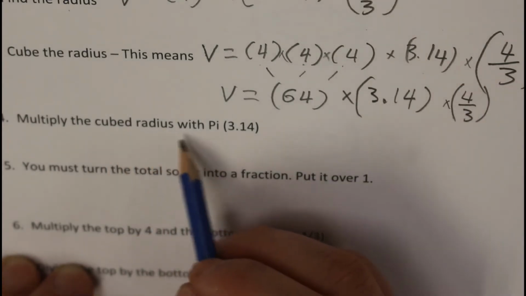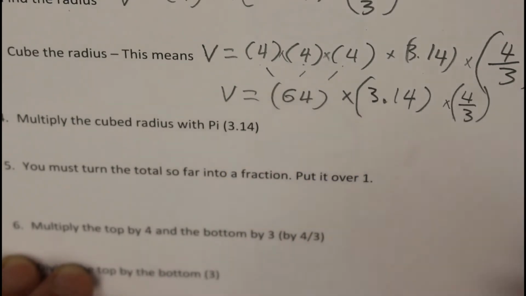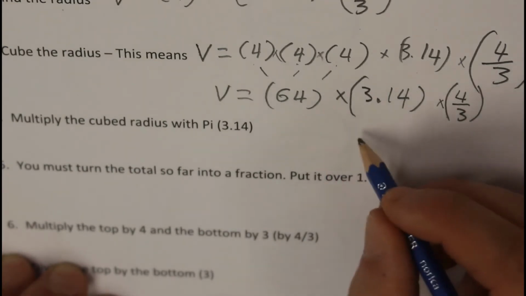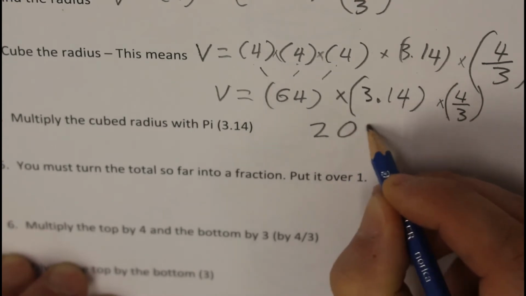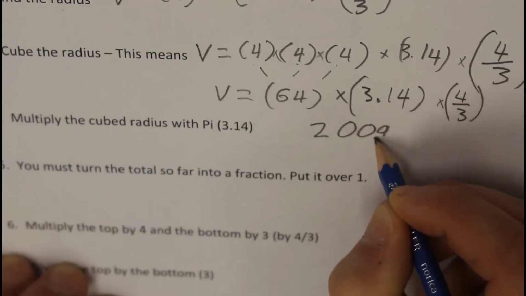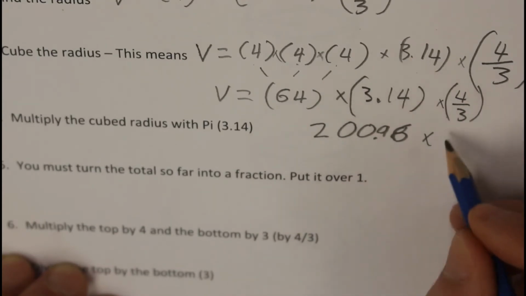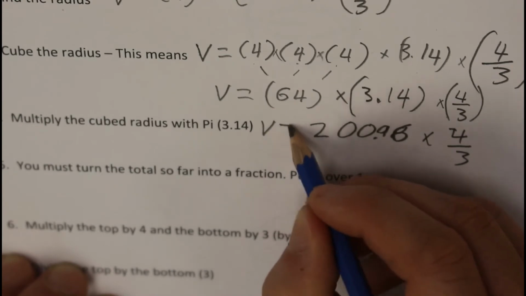So multiply the cubed radius with pi. So the next thing we're going to do is 64 times 3.14. And what do we end up with? We end up with 200.96, pardon me, 200.96 times 4 over 3. So volume equals.